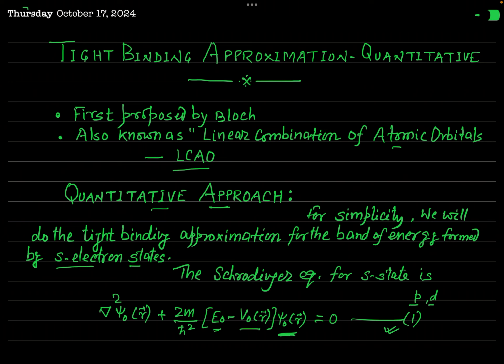In this lecture, I am not talking about the formation of p band and d band. Our discussion will be limited only to the formation of s band from the superposition of the s energy levels.